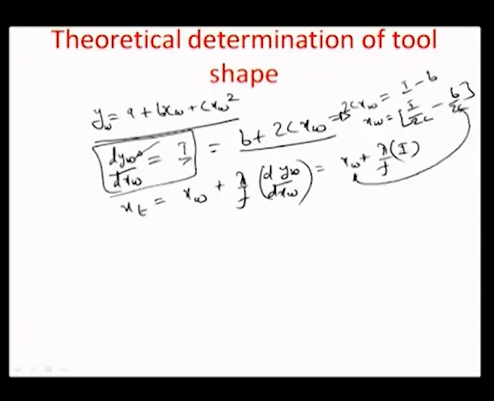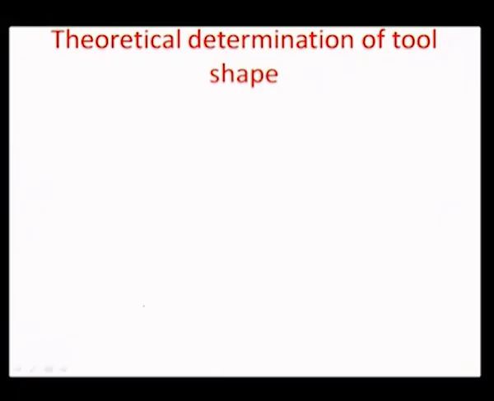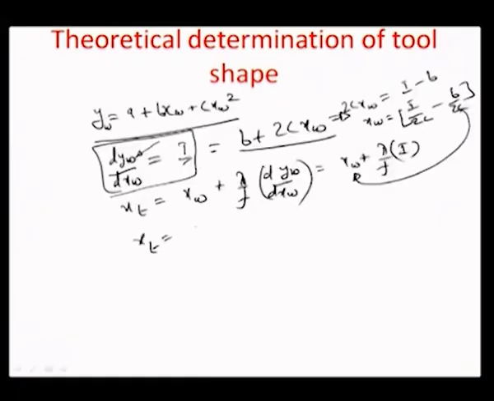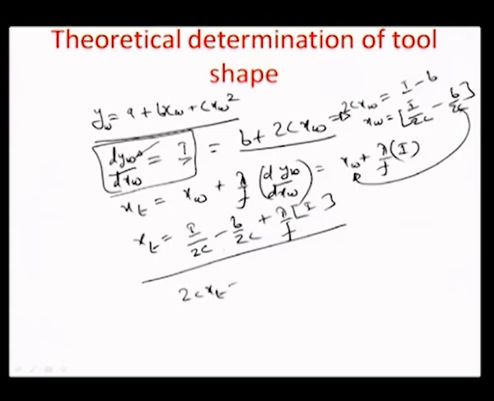If we put this value here, we get xt equal to I by 2c minus b by 2c plus lambda by f times I. Obviously, if you multiply the whole thing by 2c, we have 2cxt equals I minus b plus lambda by f times 2c times I, or the value of I in terms of xt comes out to be b plus twice cxt divided by 1 plus twice c lambda by f.